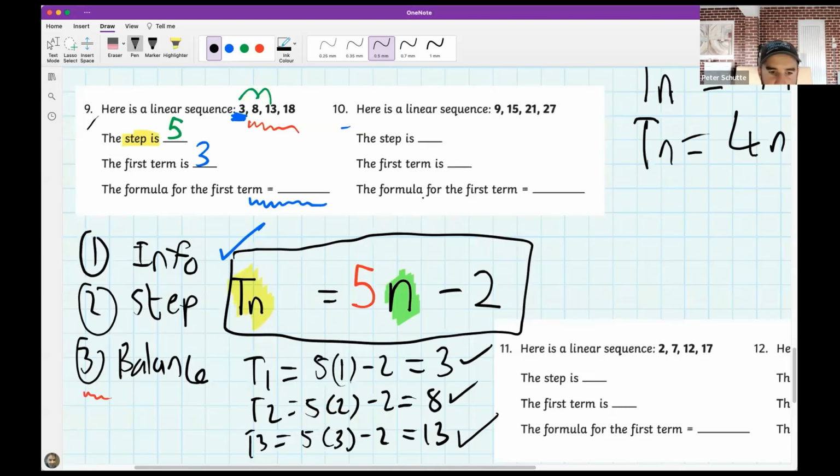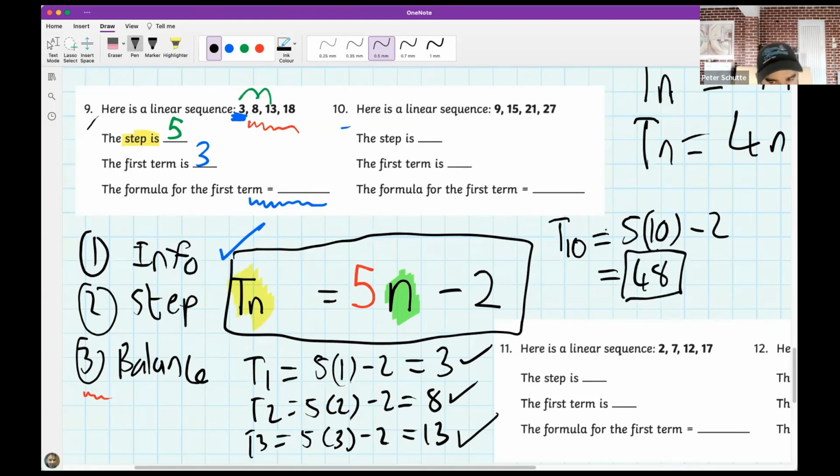Whereas if I want the 10th term using a formula, the good news is I just put 10 where the n is. So for example, the 10th item in number 9's list is just going to be 48. Look how wonderfully quick that was. I didn't have to write out 23, 28, and all that stuff.